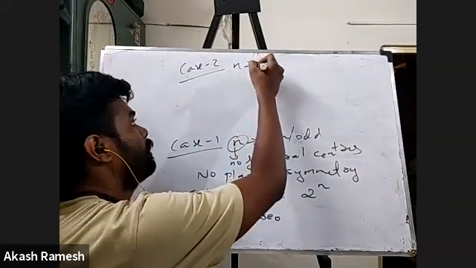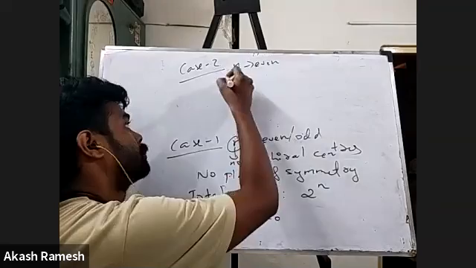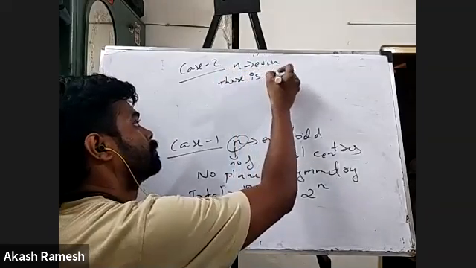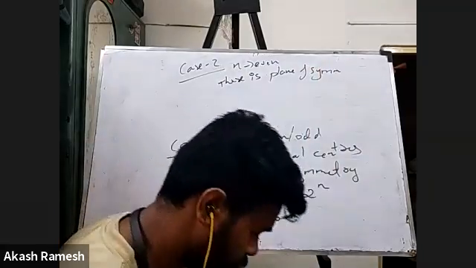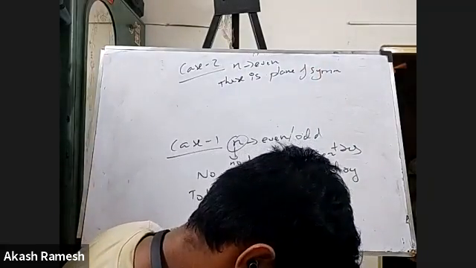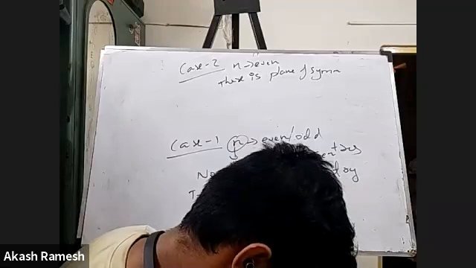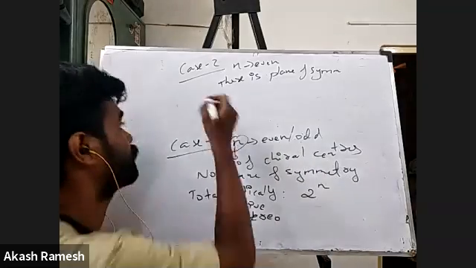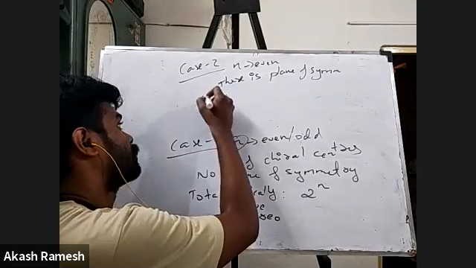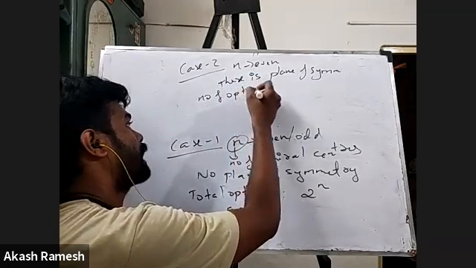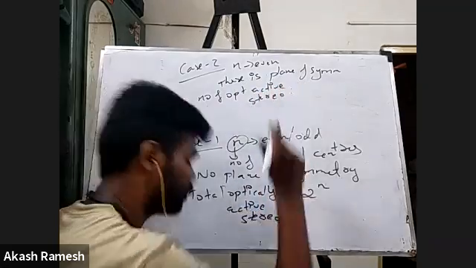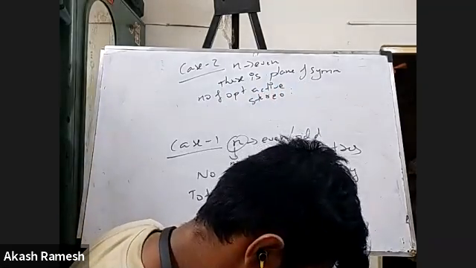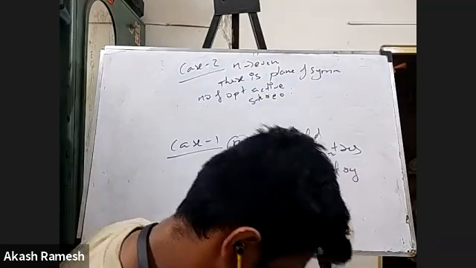When n is even and there is planar symmetry, the number of optically active stereoisomers would be 2 power n minus 1.